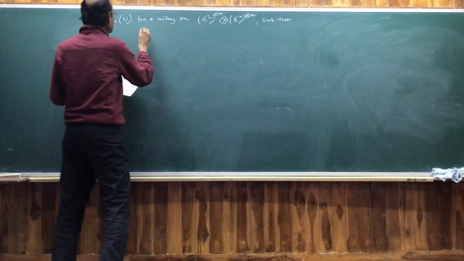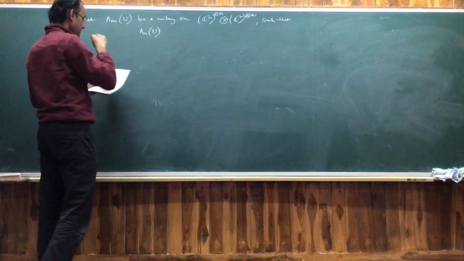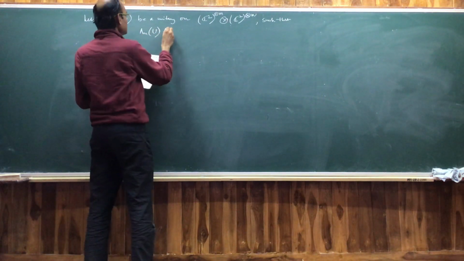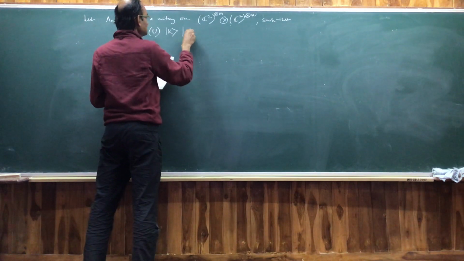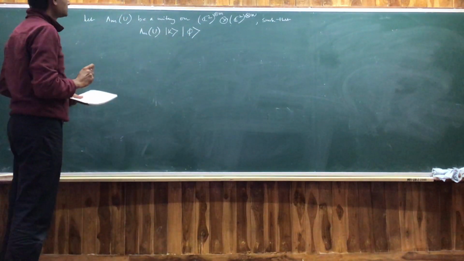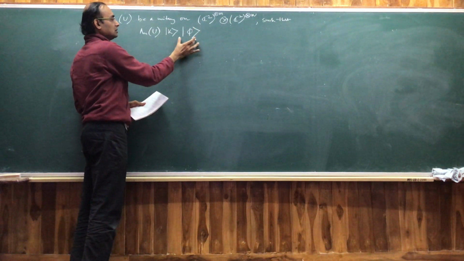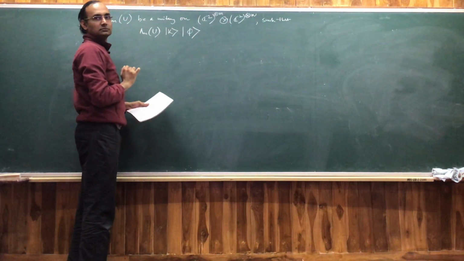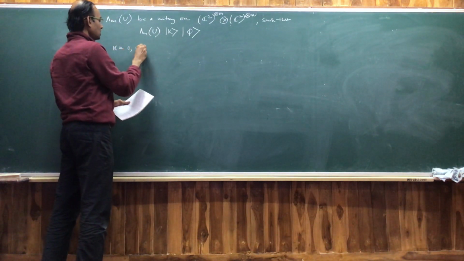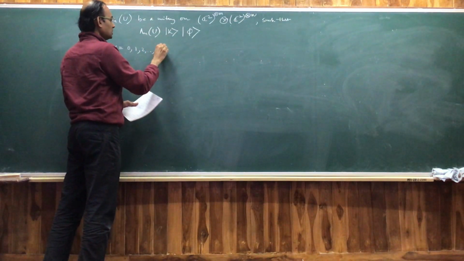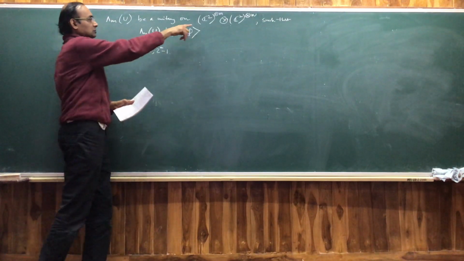It is defined as: this acts on some k, phi. This part is here, this part is here. K runs from 0, 1 up to 2 power m minus 1. So there are 2 power m things from here.